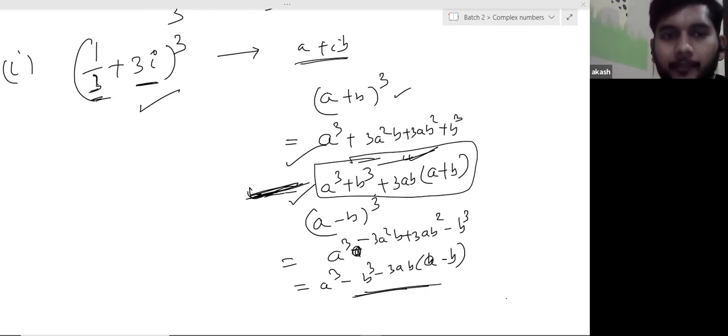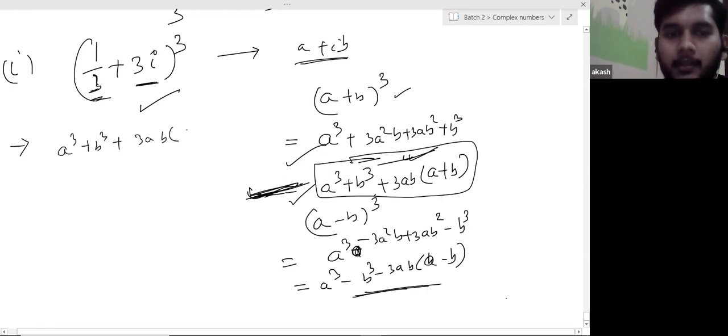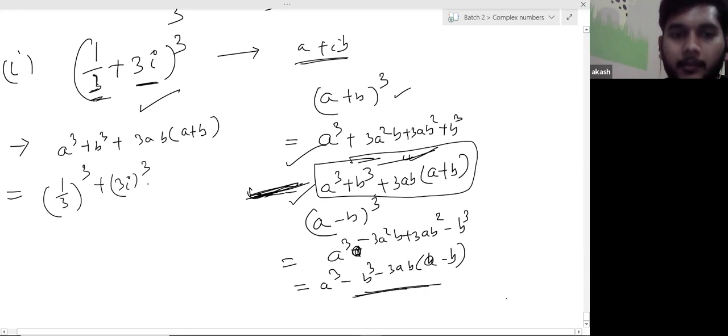All right. Let's see. Using the formula a cube plus b cube plus 3ab into a plus b. Here the value of a is 1 upon 3 whole cube, b is 3i whole cube, plus 3 into 1 upon 3 into 3i into a plus b, 1 upon 3 plus 3i, right?